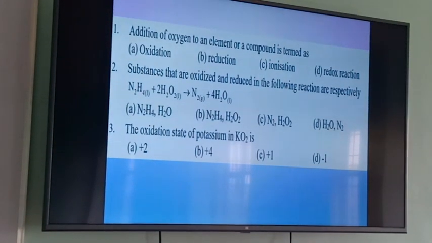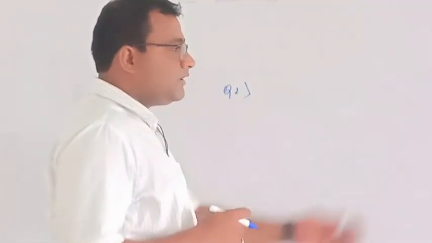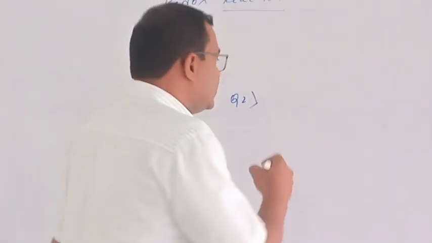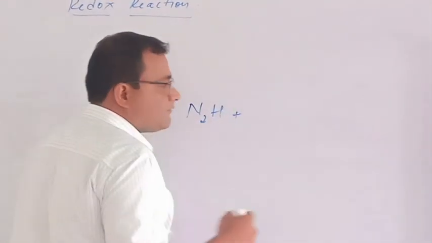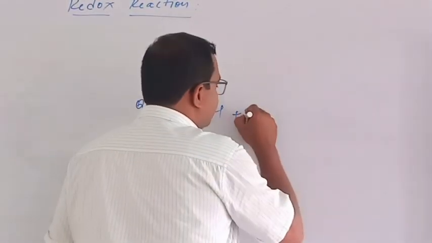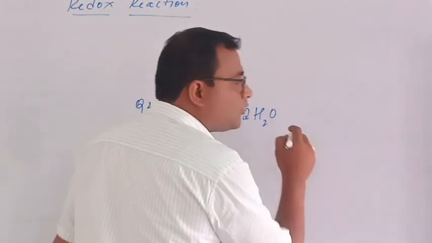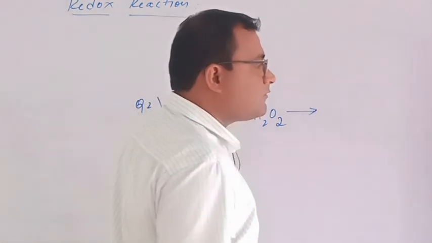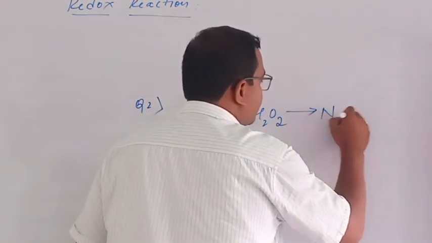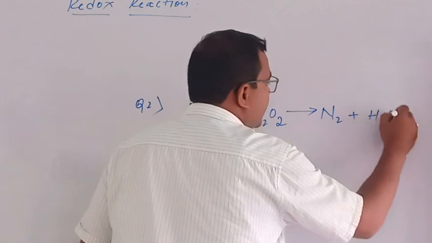N2H4 plus 2H2O2, which is called hydrogen peroxide, then comes N2 plus H2O.